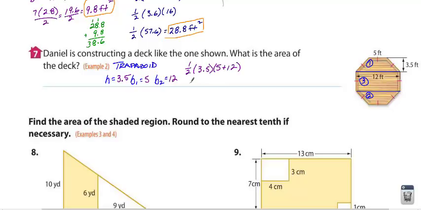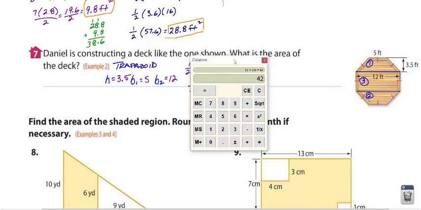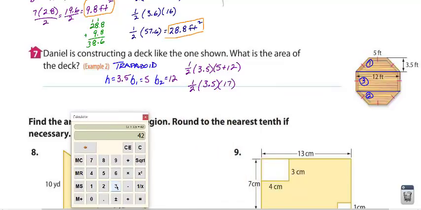Well, in this case, the sum of the bases is 17, so I have 1/2 times 3.5 times 17. Now I'm ready to have a calculator out. 3.5 times 17.